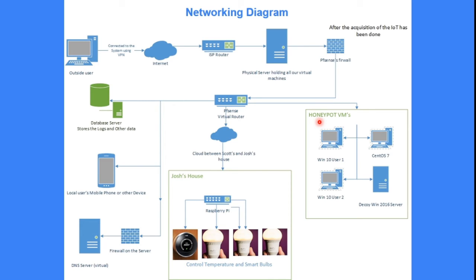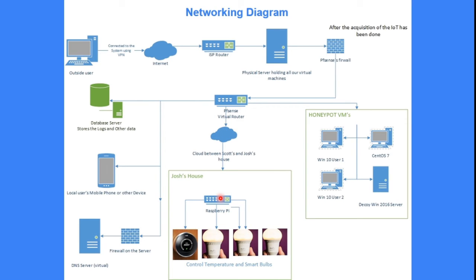Then the pfSense virtual router here is just a virtual machine running on the physical server, and that allows for the OpenVPN to work, and allows for connection between Josh's house and Scott's house.